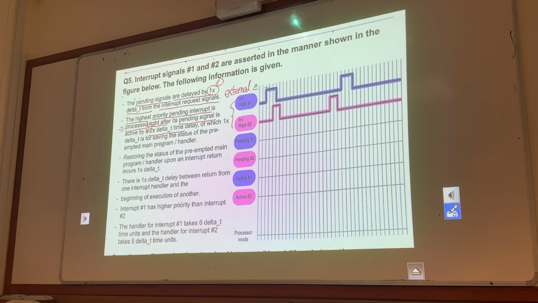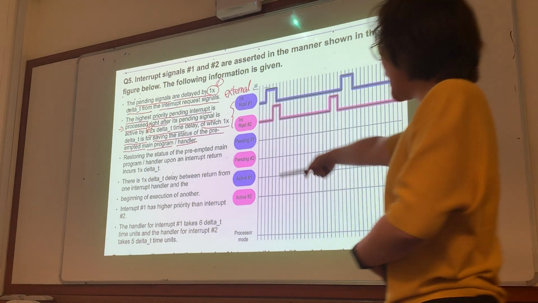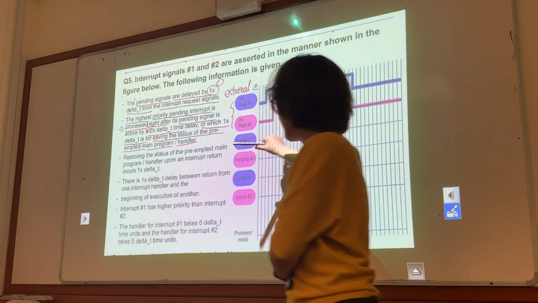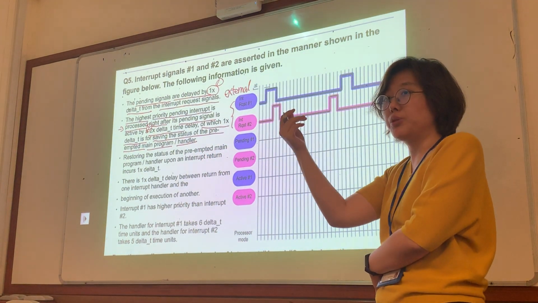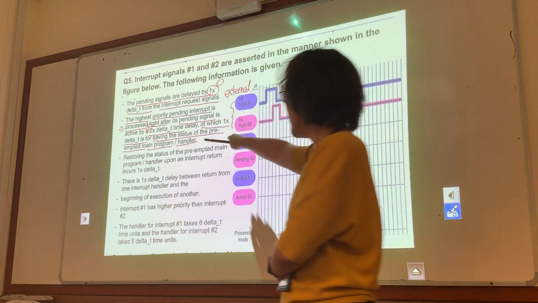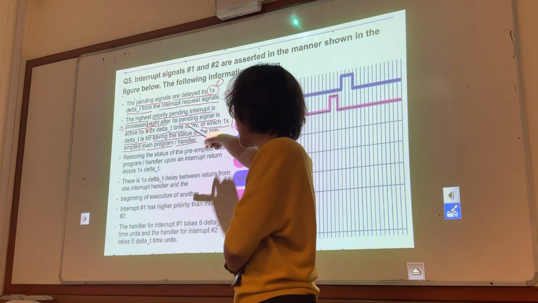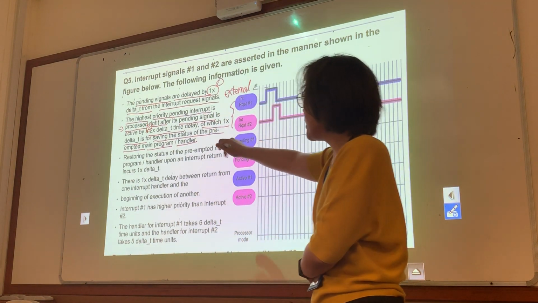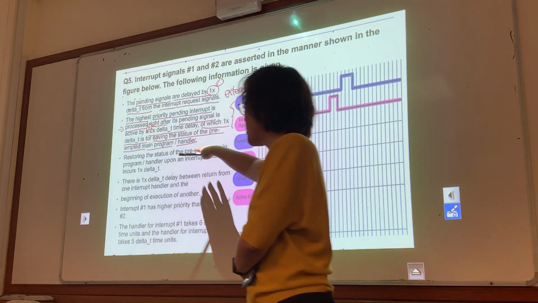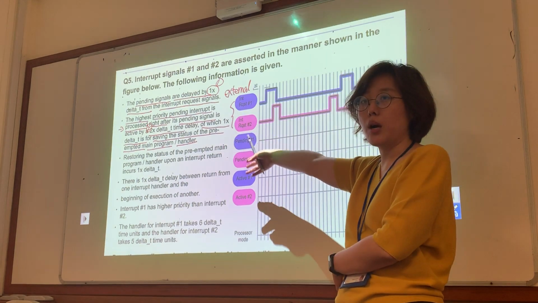And of which 1 delta time is for saving the status of the preempted main program or the handler. What does it mean? Just now we said there are 2 delta time delay from pending to active. Why do we have 2 delta time? Within this 2, 1 delta time is to save the status of the preempted main program.